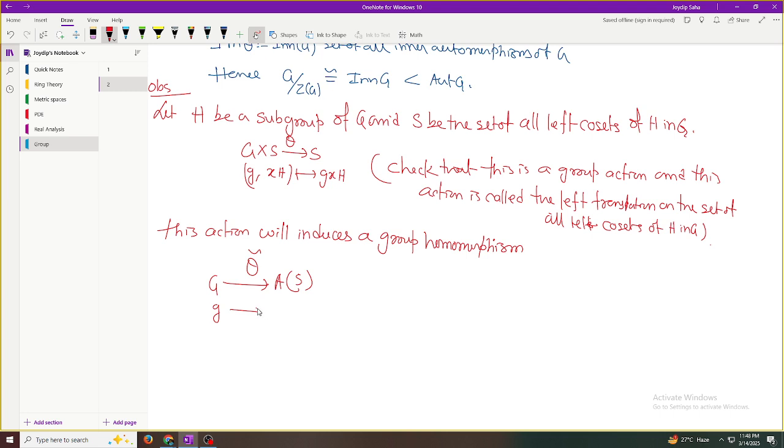What is the map tau g? What is tau g? It sends xH to gxH.